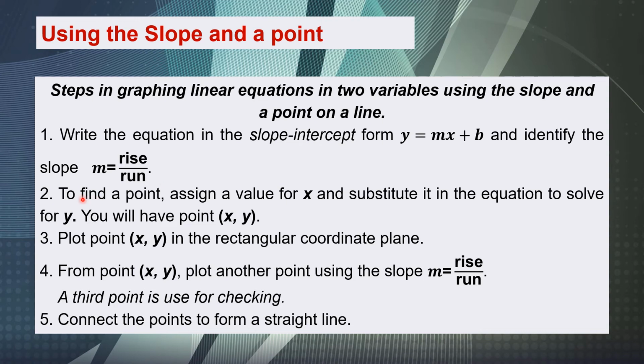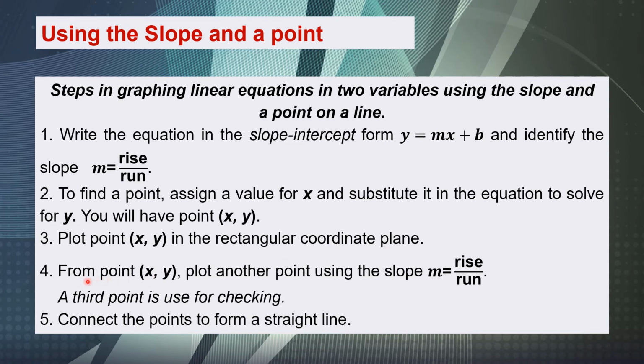Second, to find a point, assign a value for x and substitute it in the equation to solve for y. You will have point x, y. Third, plot point x, y in the rectangular coordinate plane.